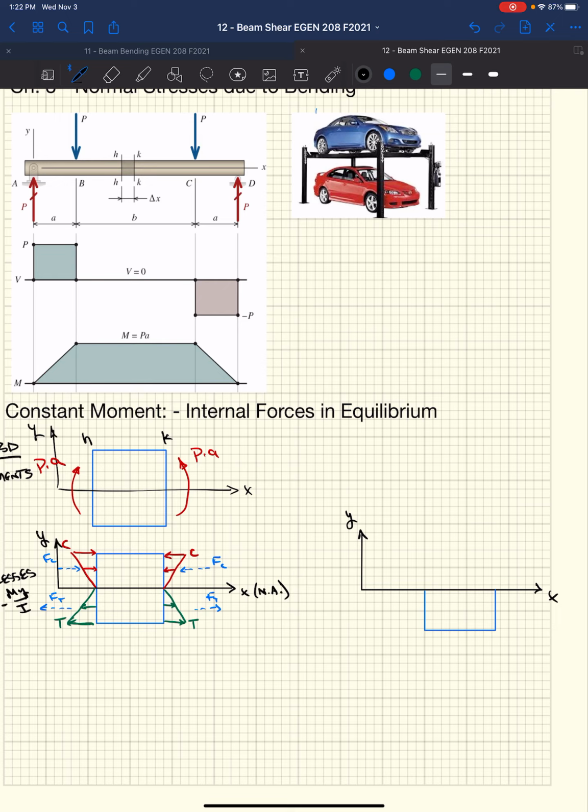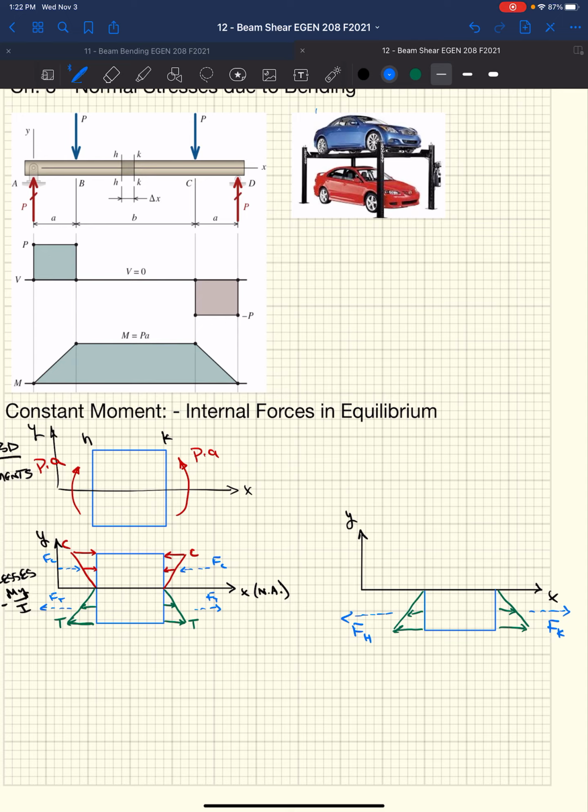So if we go back here, we say, well, now we know that we've got tension stress acting. And that tension stress has a resultant force. Right? We're going to have a resultant tension force on the K surface and a resultant tension force on the H surface.